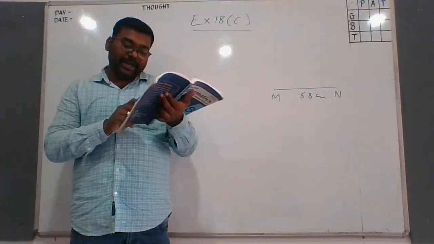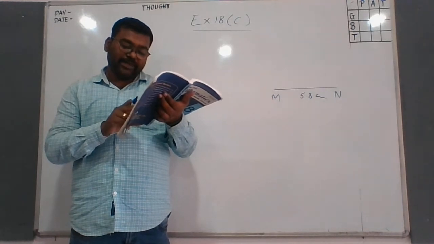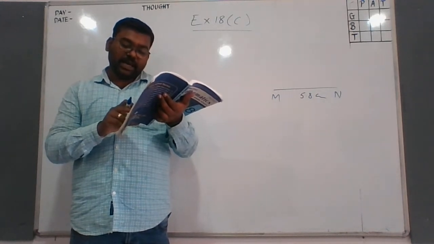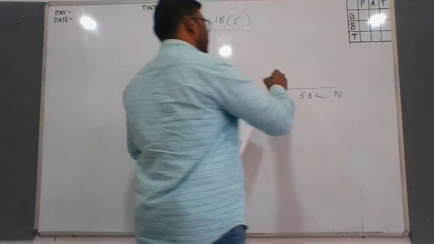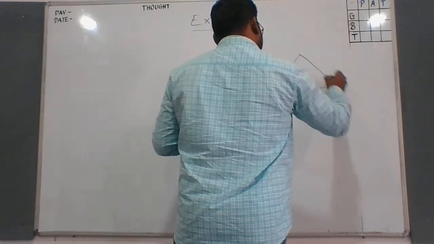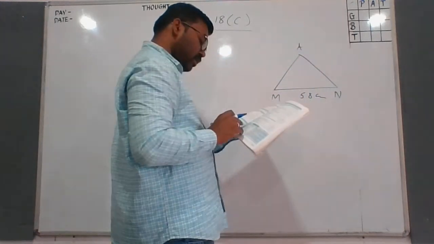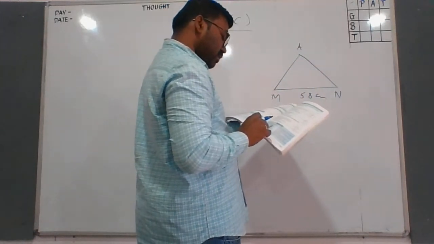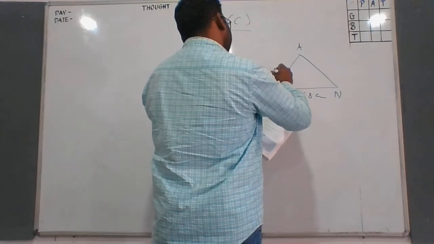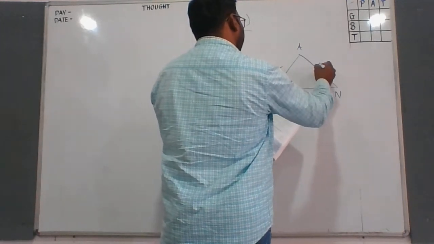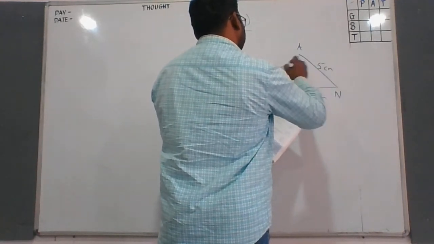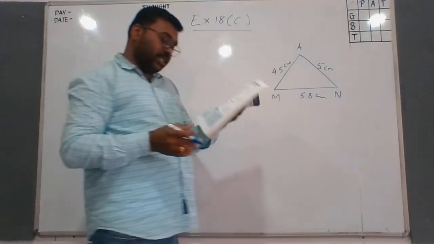Locate a point A which is 4.5 centimeter from M and 5 centimeter from N. This is the point A which is 4.5 centimeter and this is 5 centimeter. Got it?